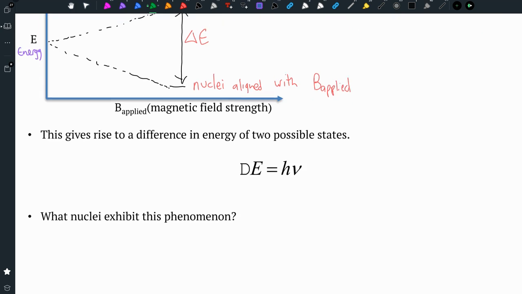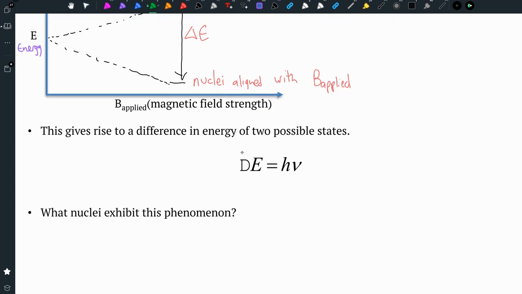So I'm just going to replace that with a delta. You have these two possible states and you have an energy difference between them. This is how spectroscopy works, is now you use electromagnetic radiation. This here would be the energy of a photon.